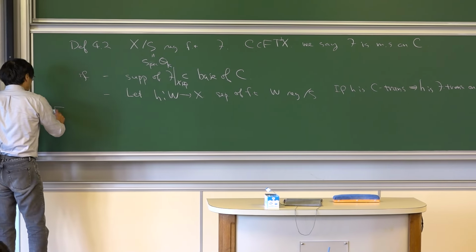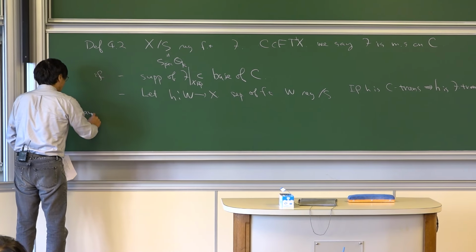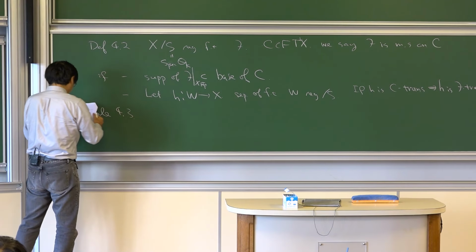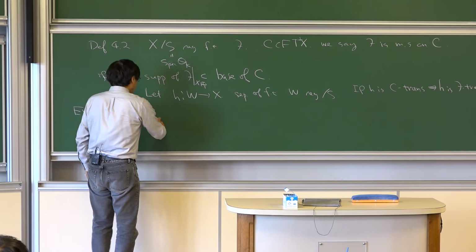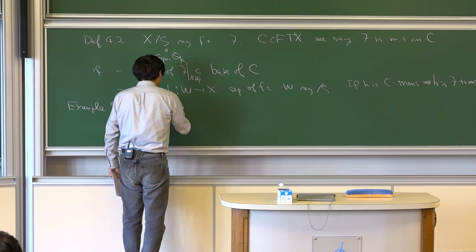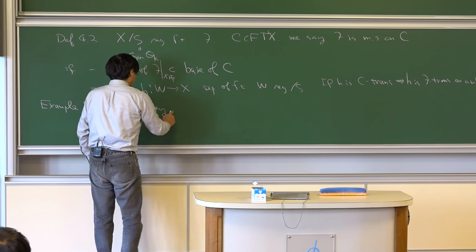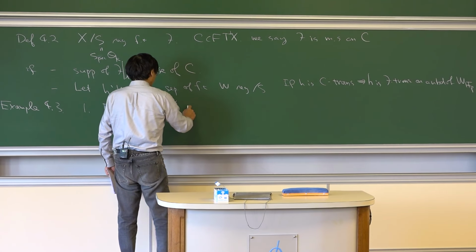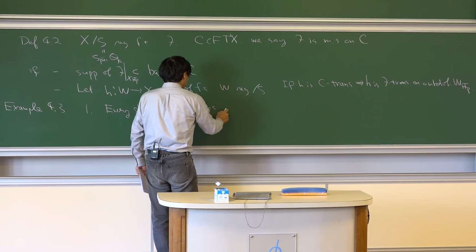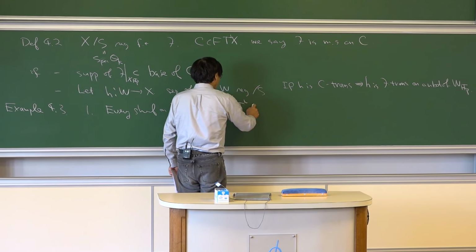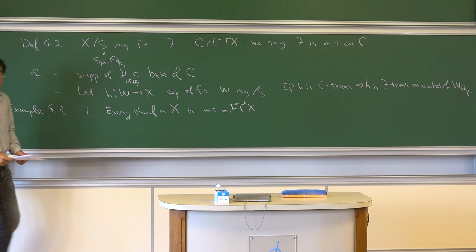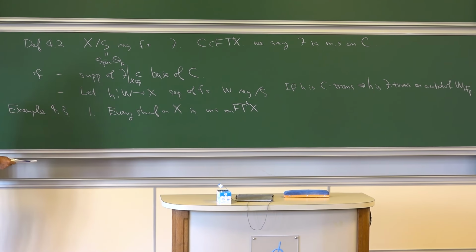Okay, so example 4.3. With this definition, every sheaf on X is micro supported on the whole Frobenius-Witt cotangent bundle.